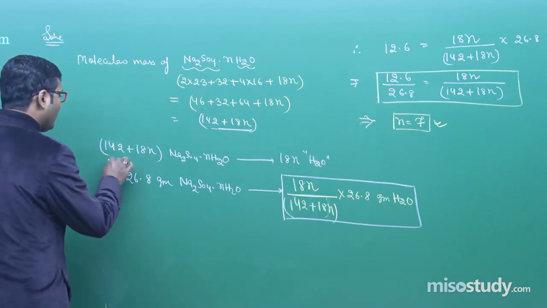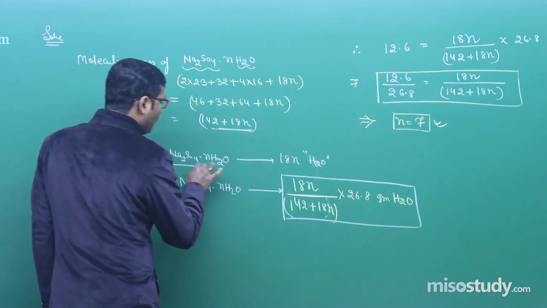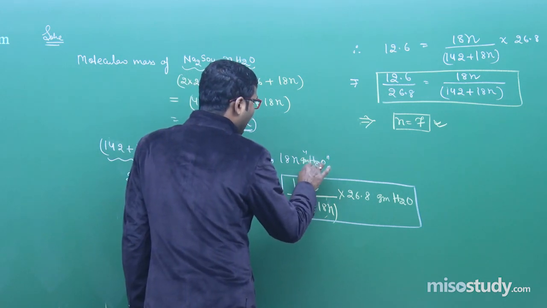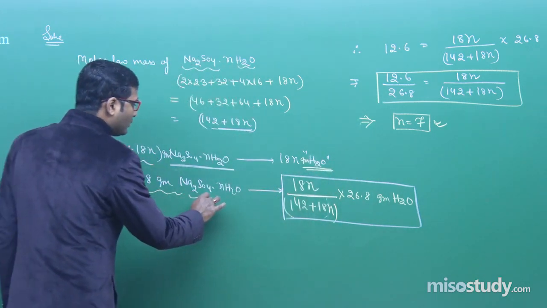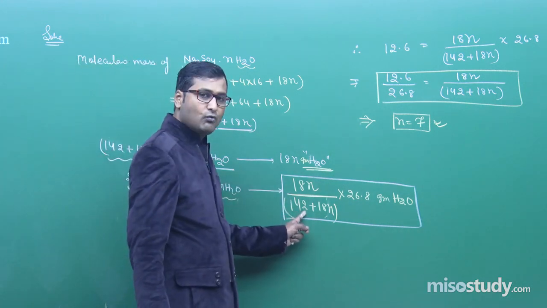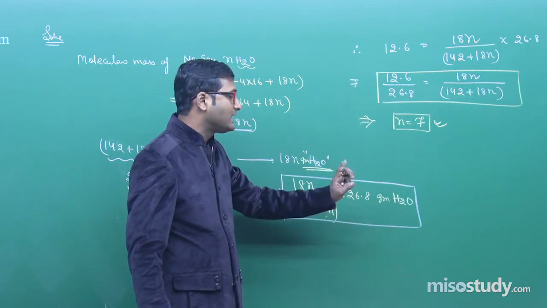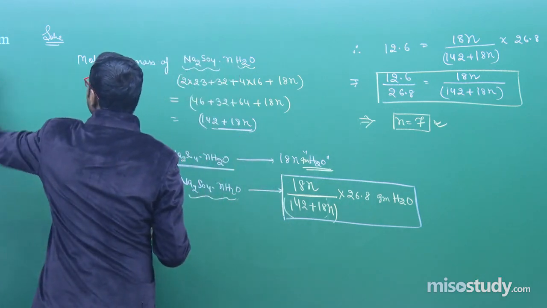Now we know 142 plus 18N gram Na2SO4 into NH2O contains 18N gram H2O. Am I right? Now 26.8 gram Na2SO4 into NH2O will contain 18N upon 142 plus 18N multiplied by 26.8 gram of H2O, and this value is given as 12.6 gram of water.